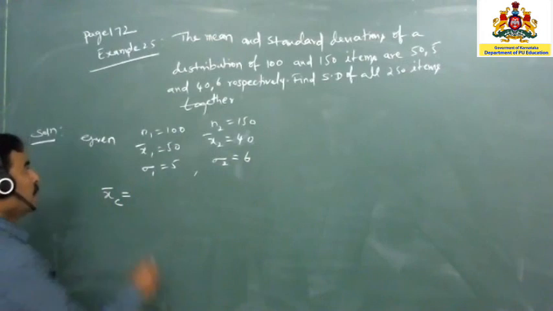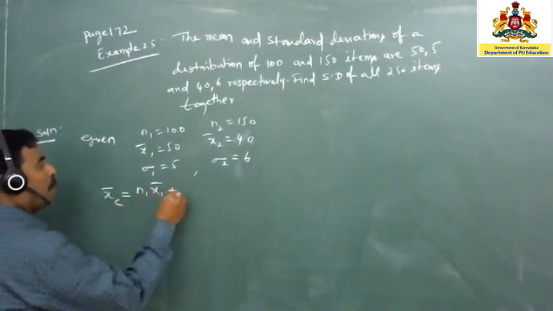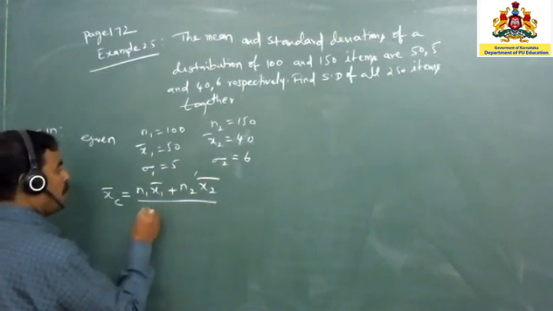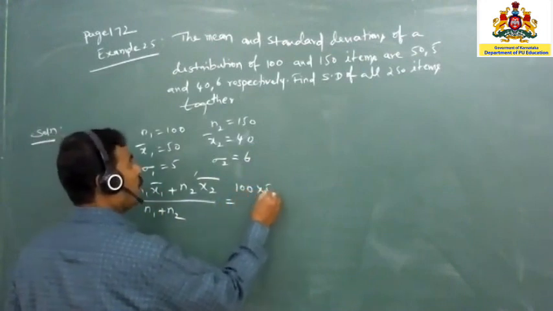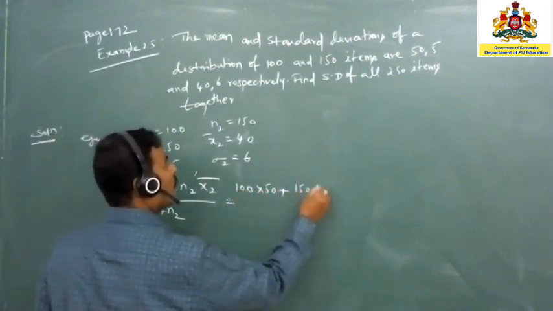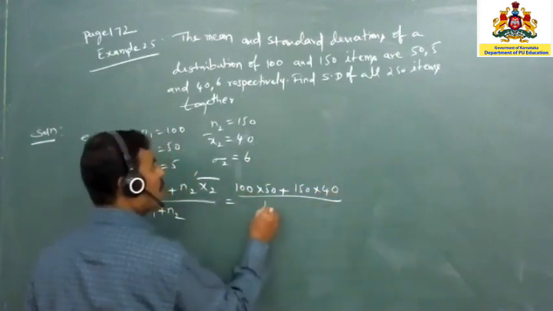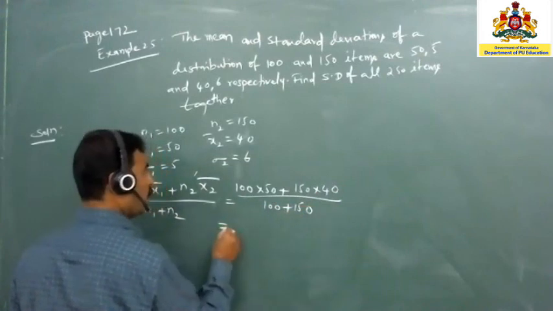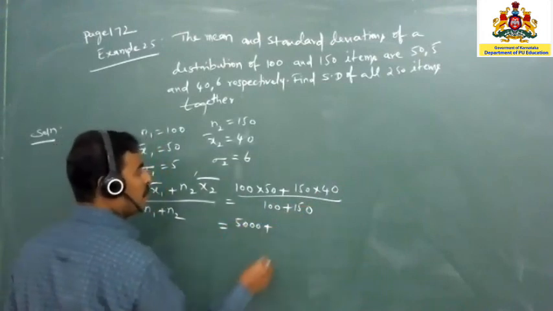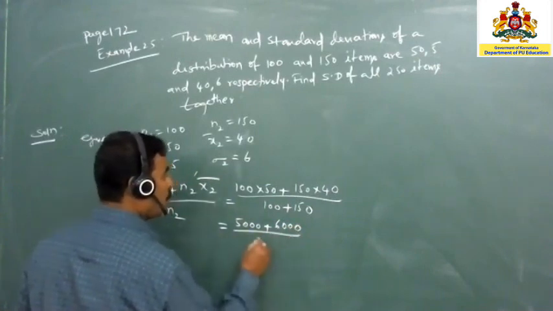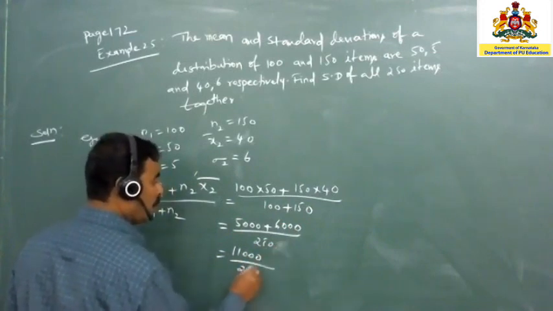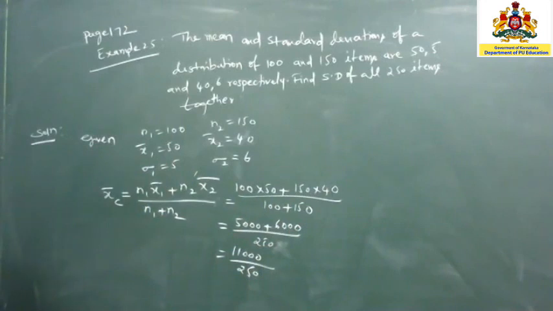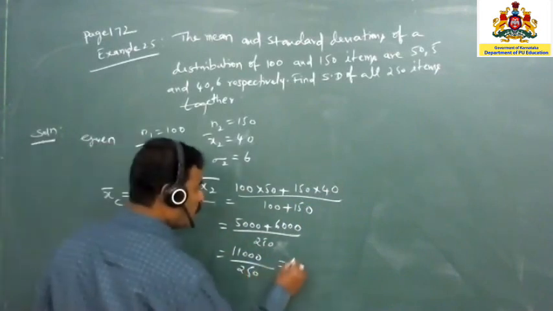X bar c is n1 x1 bar plus n2 x2 bar by n1 plus n2, equal to 100 into 50 plus 150 into 40 by 100 plus 150, equal to 5000 plus 6000 by 250, 11,000 by 250. Combined arithmetic mean equal to 44.